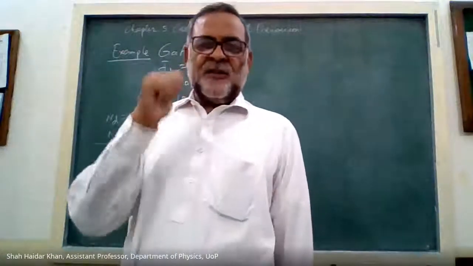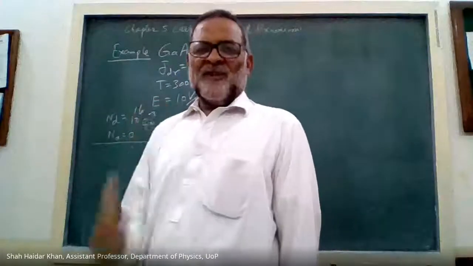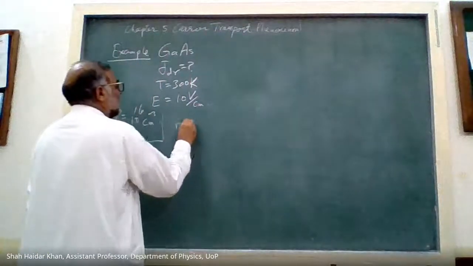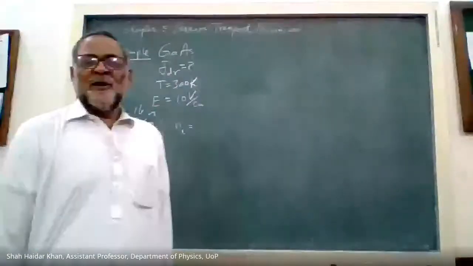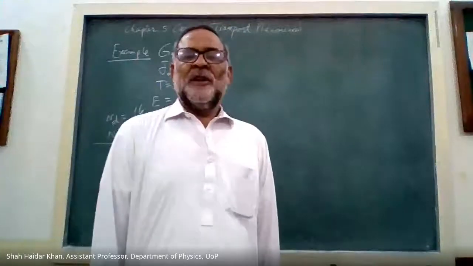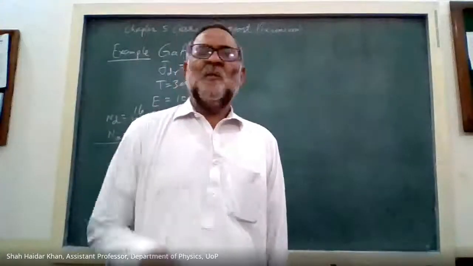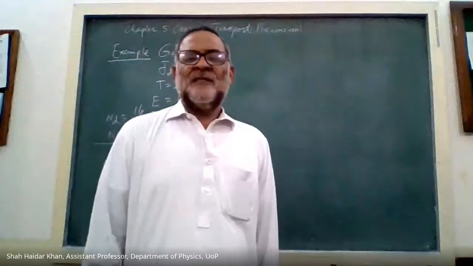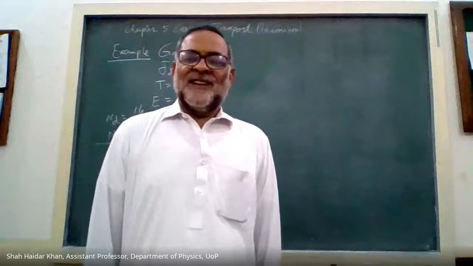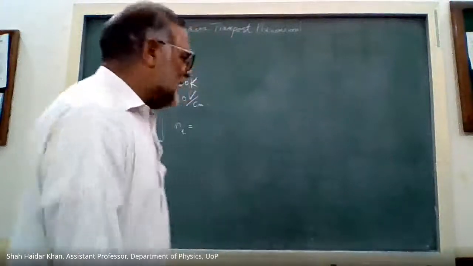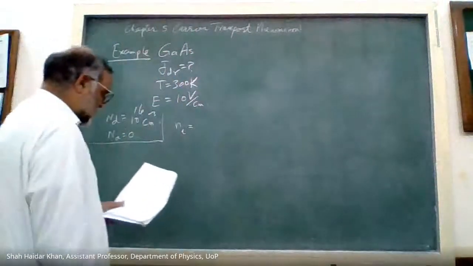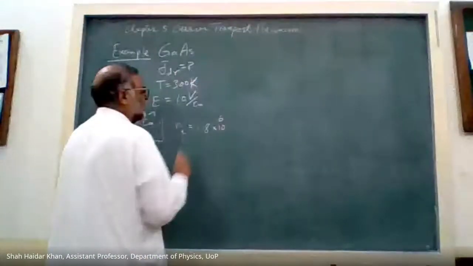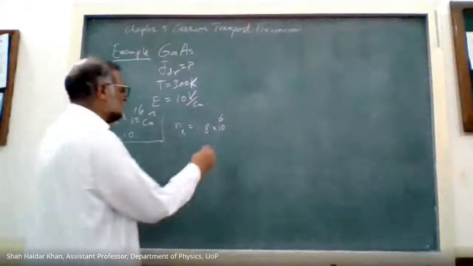So ni at this temperature, from our previous measurement, at room temperature, how many atoms generally get ionized in gallium arsenide at this temperature? From our previous knowledge of the previous articles, it is 1.8 times 10 to the power 6 per centimeter cube.